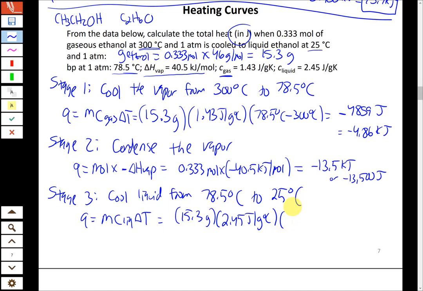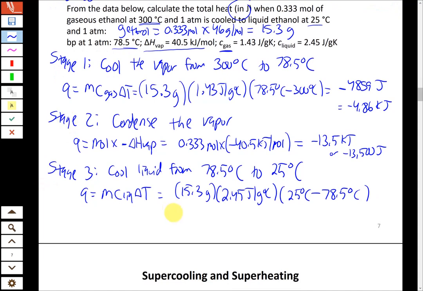And then delta T is going to be 25 degrees Celsius is the final temperature, and then 78.5 is the initial temperature, so that's what, minus 53.5. But it's negative again, so it comes out to minus 2,005 joules, which would be in kilojoules rounded to 3 significant figures, minus 2.1.